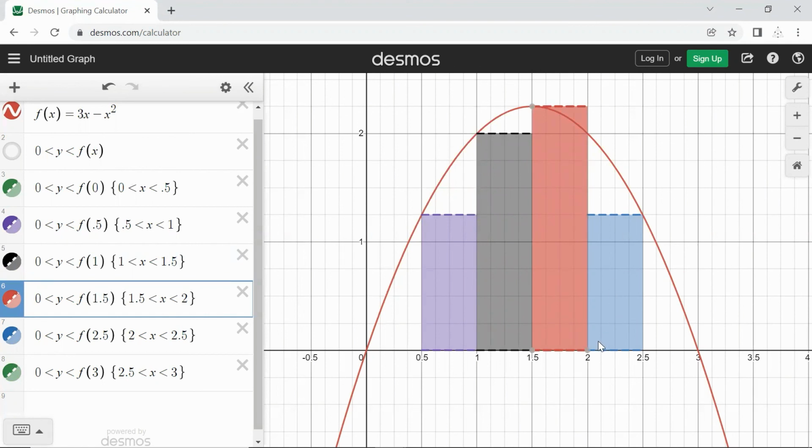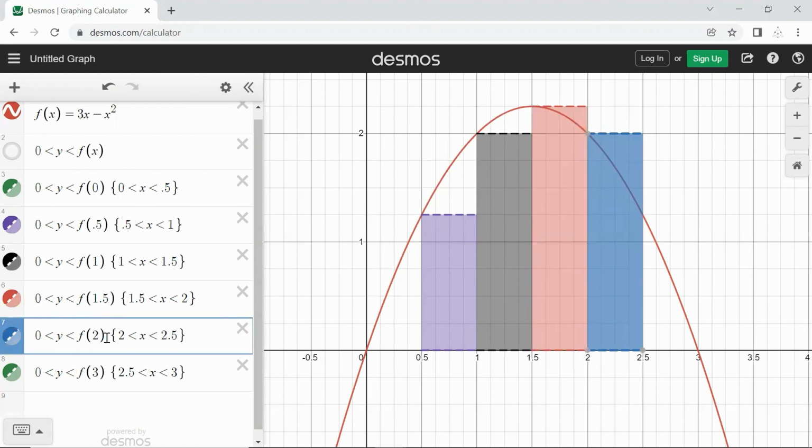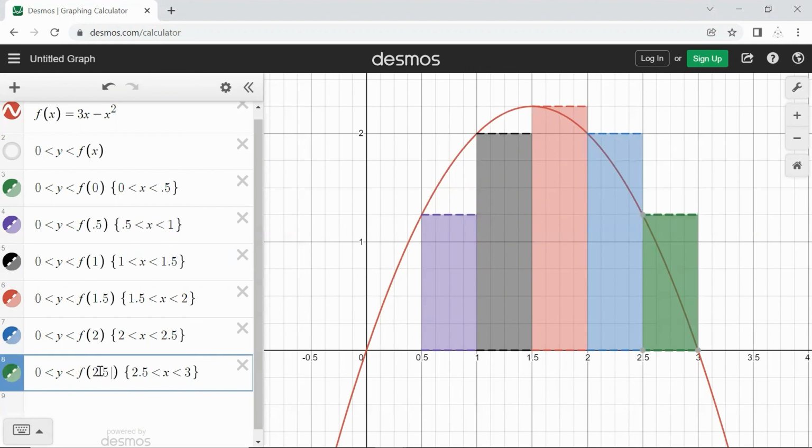For this blue rectangle, I would have used 2. And then for this last 6th rectangle, I would have used 2.5 as the height. You can see how that looks different. All right. So we use the left-hand values and we get this rectangle.